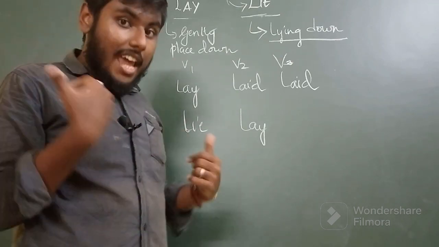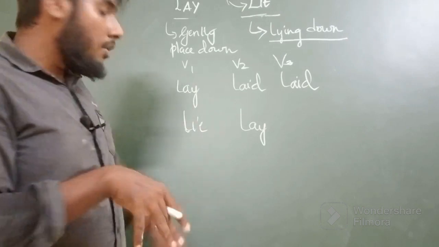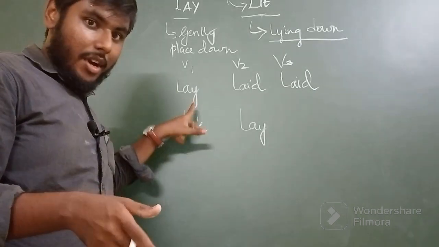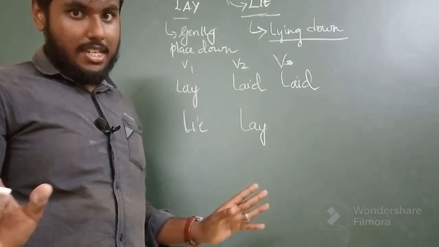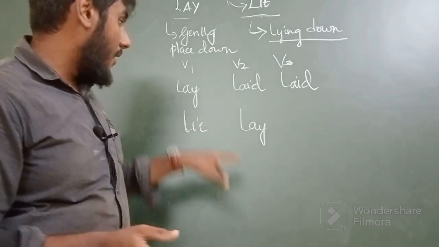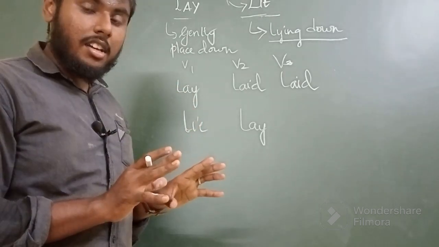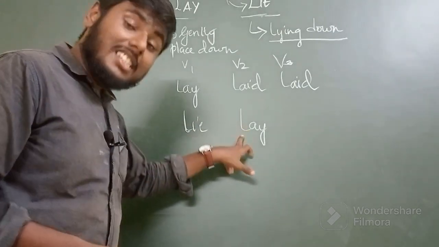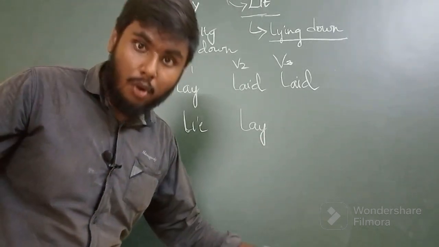So you need to understand this point particularly to avoid mistakes: the V2 form of lie is the base form of lay. It's the same in spelling, but not the same in meaning. So this lay and this lay are different. This lay, as in the base form, refers to simply or gently placing things down, while this lay, as in the V2 form of lie, refers to lying down on your bed.